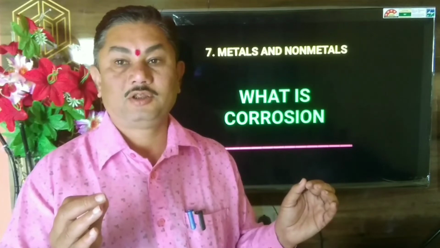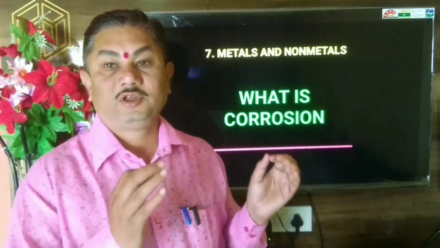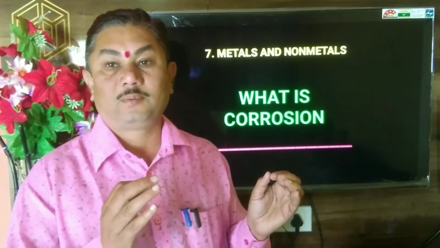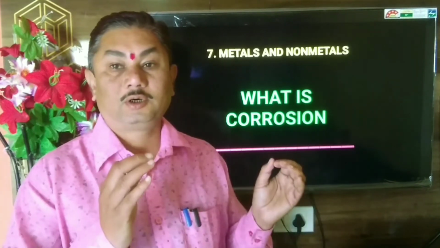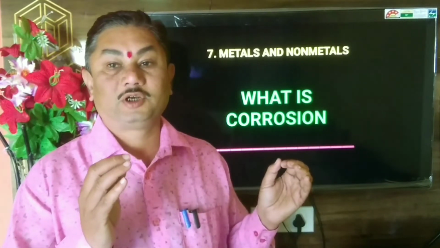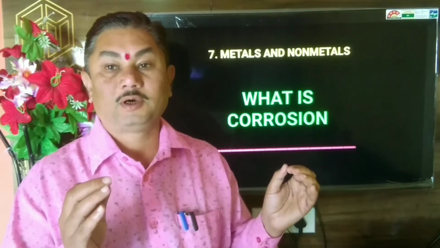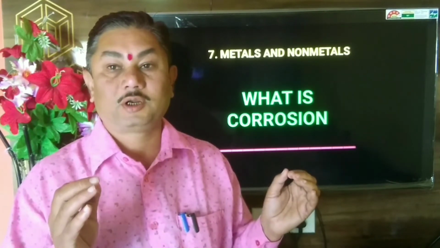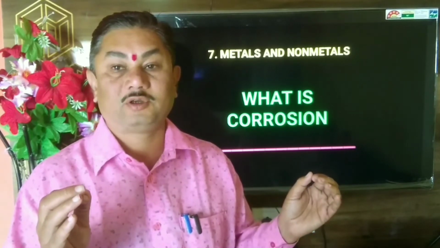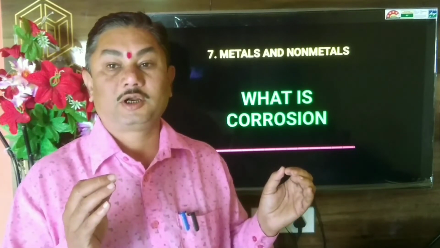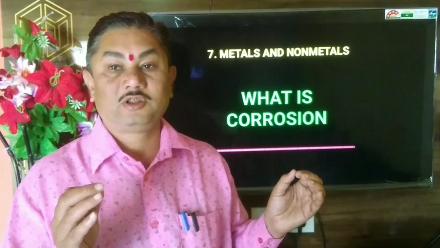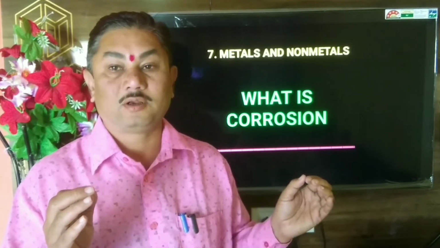Then, what is corrosion? Let's see some definitions of corrosion. The oxidation of metals takes place due to various components of air like moisture and gases, which results in their damage. This is called corrosion.